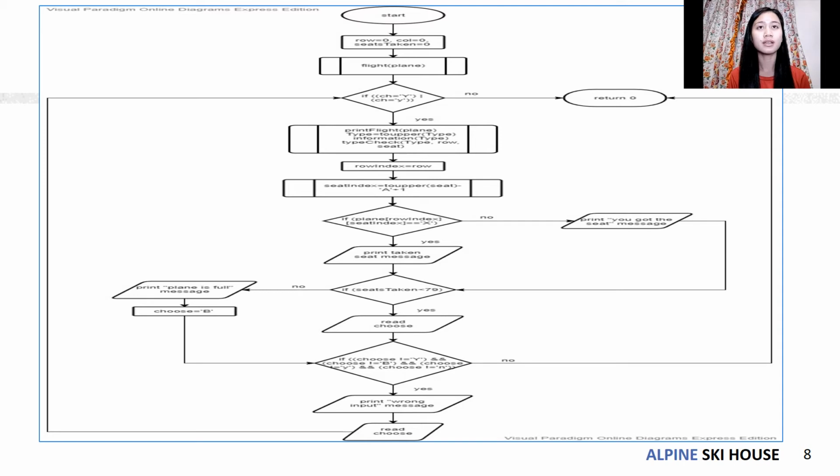From this, the flow direction of no is going to return, but the flow direction continues down to the input or output box again, and then again to the input or output box. From this, the flow direction is going back to the first decision box.